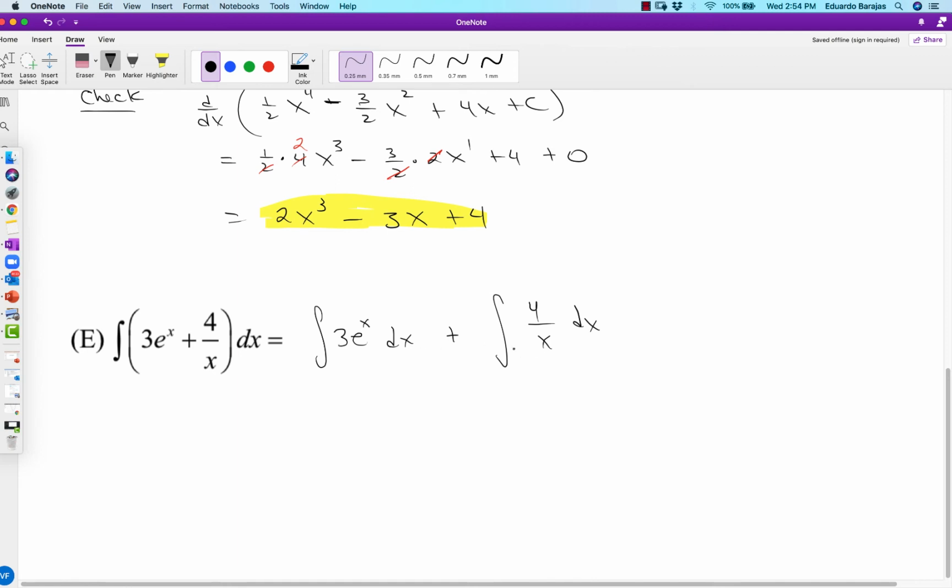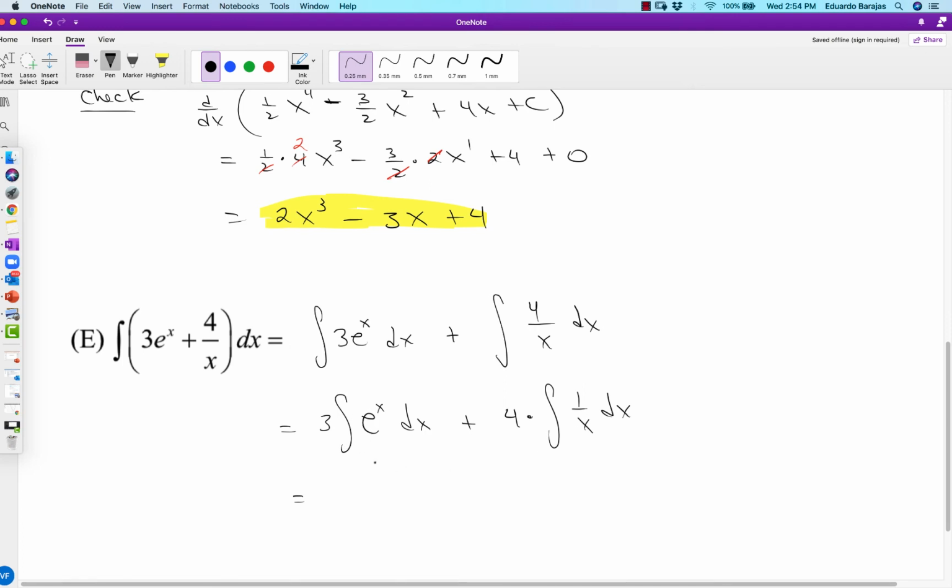Finding these two separate integrals and adding them is the same thing as finding this. One of our properties also lets us pull the 3 out: 3 integral of e to the x dx plus, and we can also pull out that 4 integral of 1 over x dx. These are two well-known integrals.